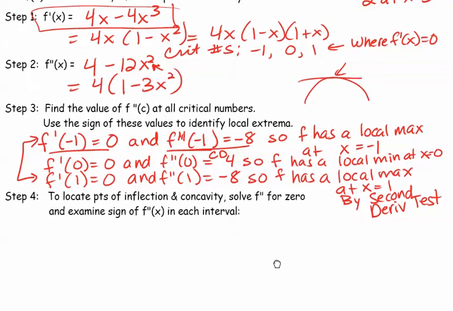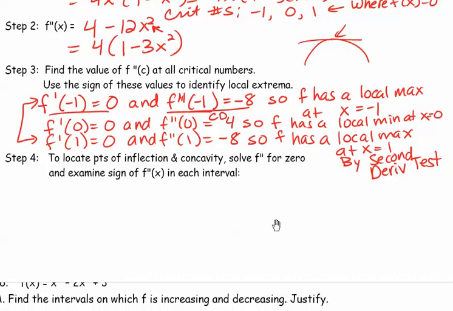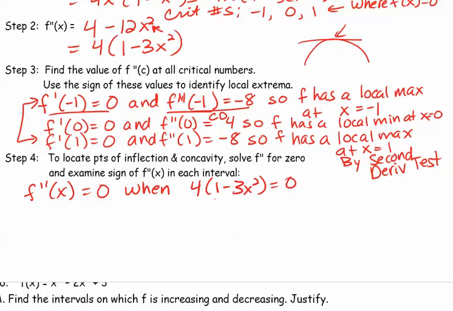All right. Locate the points of inflection and concavity. All right, so we've kind of done our work already. Here we have our second derivative, so f double prime of x is equal to 0 when, and now we could use our factored form here, 1 would have to be equal to 3x squared.